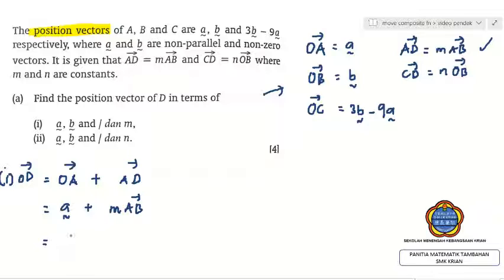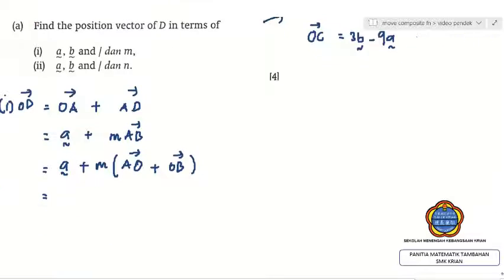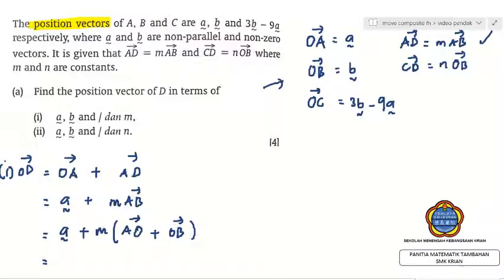We repeat the same step for AB. This is the solution of AB. What is AB? We can put AO plus OB. What is AO? AO is the negative of OA.